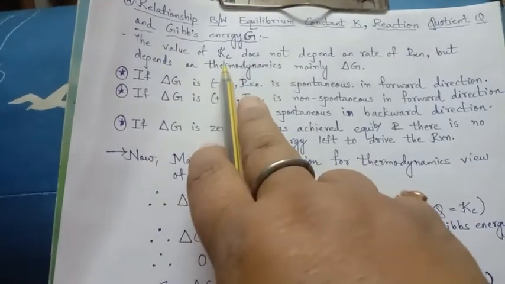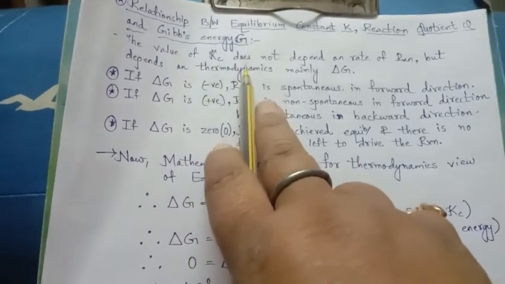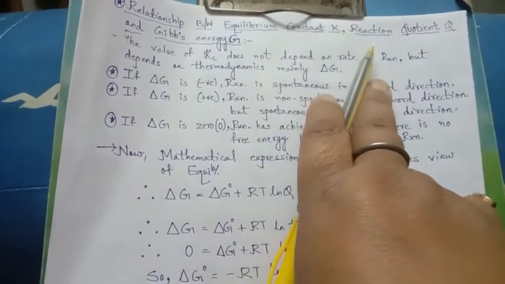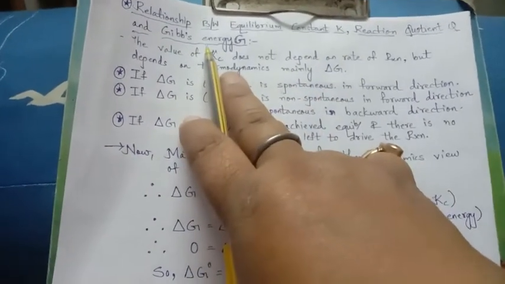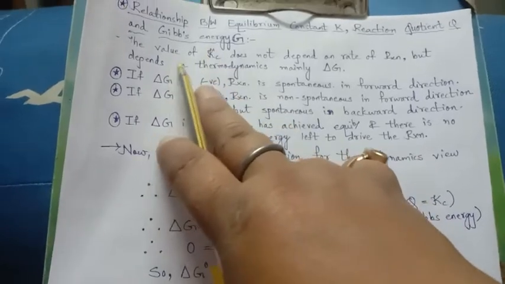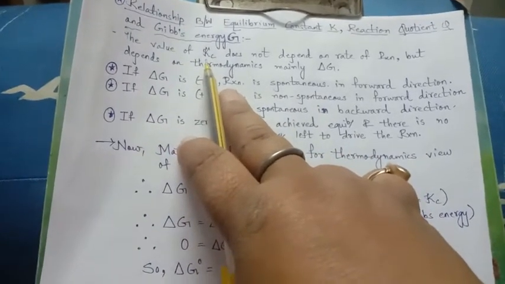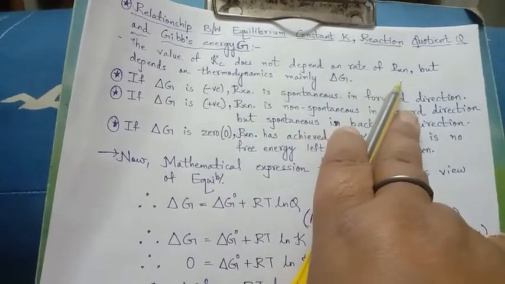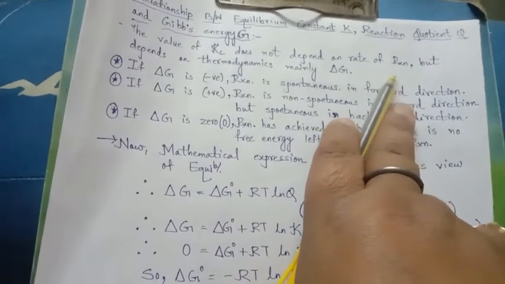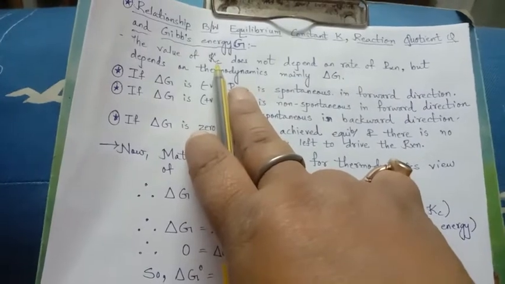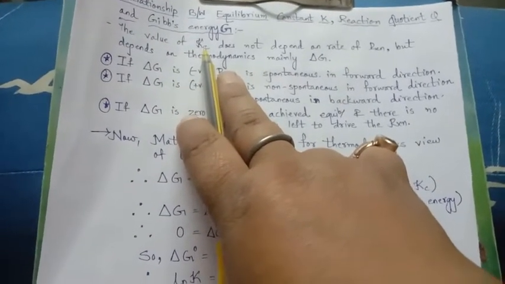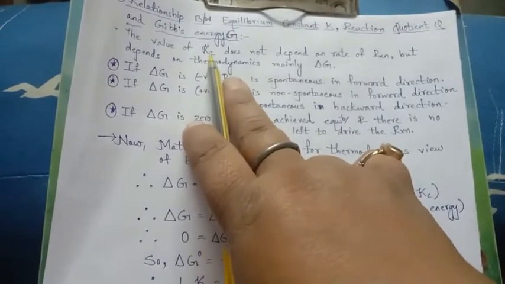Why do we need to relate equilibrium constant and reaction quotient with Gibbs energy? Because the value of Kc, equilibrium constant for concentration, does not depend on the rate of reaction, right? Kc is not bothered whether the forward reaction is fast or the backward reaction is fast.